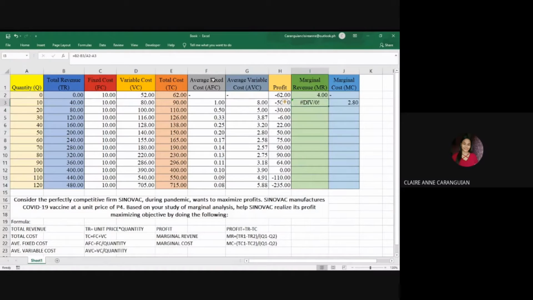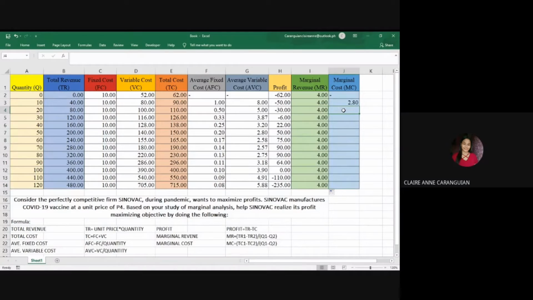Oh my god, wrong formula. And so bend it down, same process.